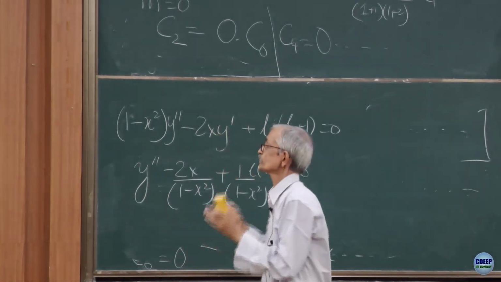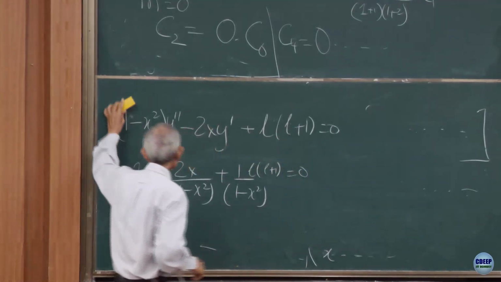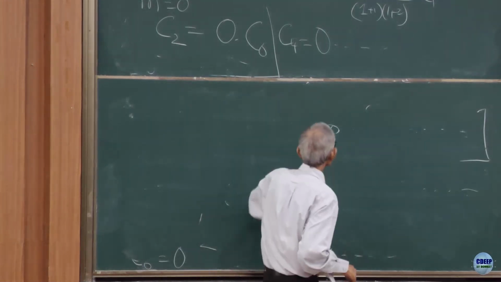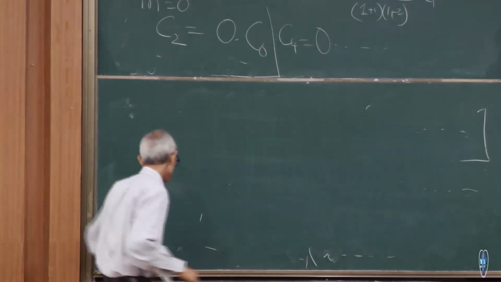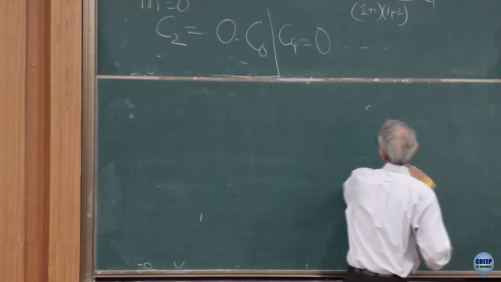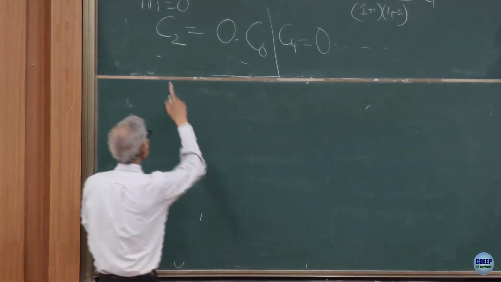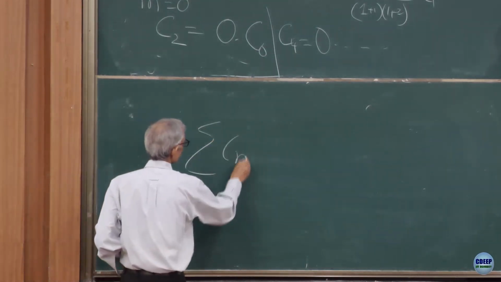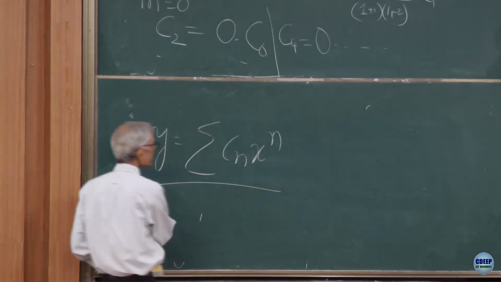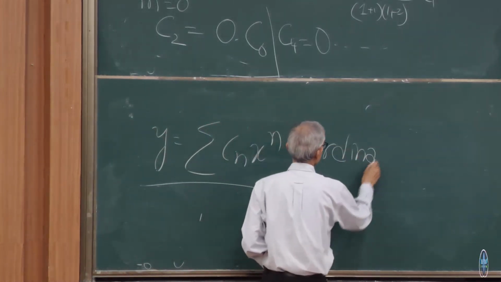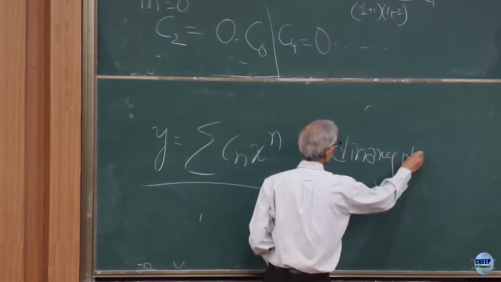Okay, so the next thing we say is, now we have solutions at ordinary points: if I've got a second order equation, y equal to the summation of Cn x to the n works for ordinary points. We have seen a couple of examples.